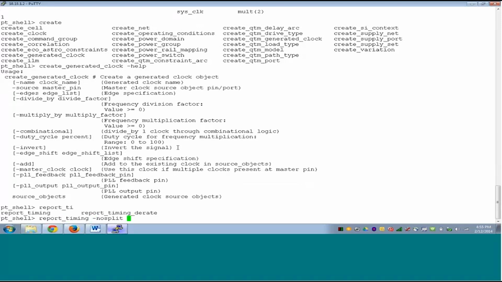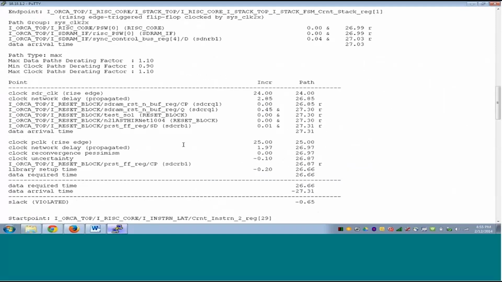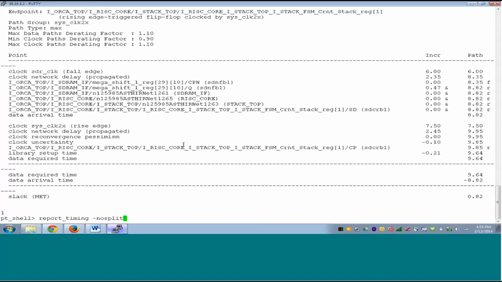So this will give me, just to repeat, the worst path for each path group. One worst path among all the path groups. So this is what it gave me. Let's output it into some report and then look at that report.